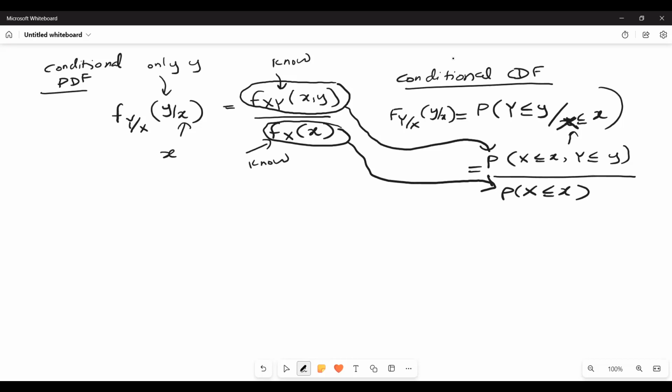And then, by finding these values, you can find the probability of Y happening once you know X has happened, right? The probability of Y happening below a certain limit, once you know X has happened.